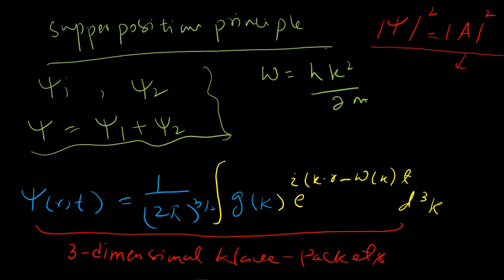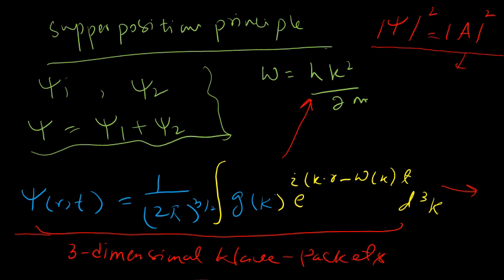So we take advantage of the superposition principle, and we can take the wave packet associated with the free particle, represented by this equation. This equation will also satisfy the condition, so when it does, this three-dimensional wave packet will also be a solution of Schrödinger wave equation.